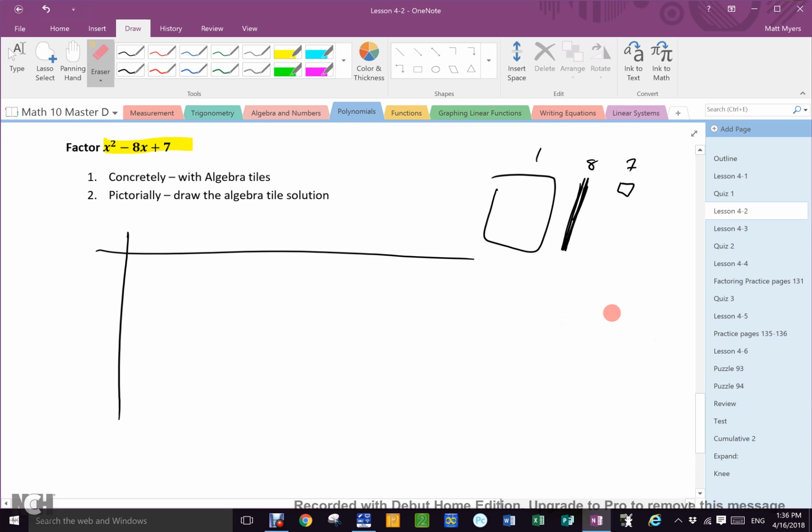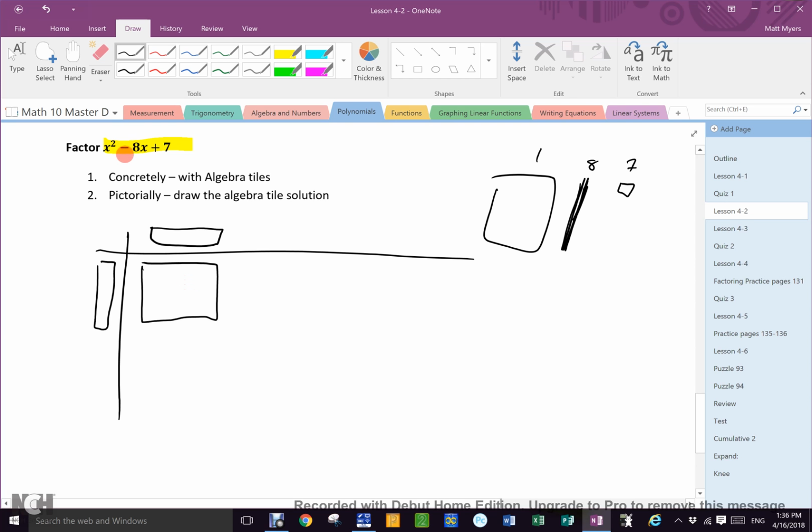Okay, so let us begin. I only need one of these, right? So it makes sense to put it in the corner. Everyone agree? Which means we now know our first factor, don't we? We know that it had to be x there and x there, correct? To make x squared in the middle. Is everybody good? All right.